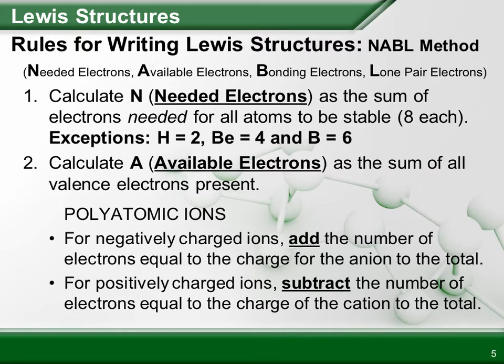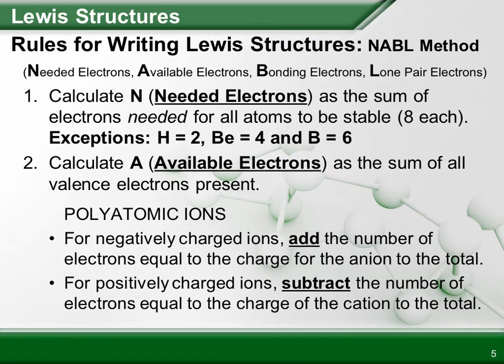When we do our calculations, if we have hydrogen, beryllium, or boron as an atom in the compound, we have to use these numbers and not the 8. All other elements will use 8.